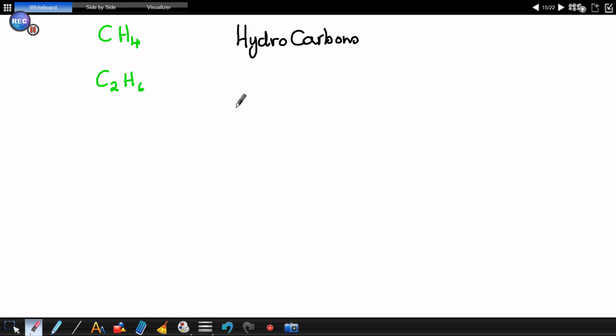The next one is the one with 3 carbon atoms in the chain. Now, carbon has the amazing property of forming long chains of carbon atoms. This makes it a very special division of chemistry, organic chemistry. Each carbon must have 4 covalent bonds.